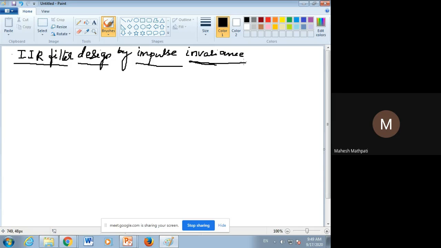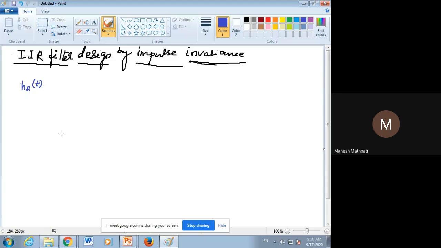Let us write down; parallelly, I will explain. Just note: let the impulse response of the analog filter be h_a(t). Here h(t) is the impulse response and a stands for the analog filter.